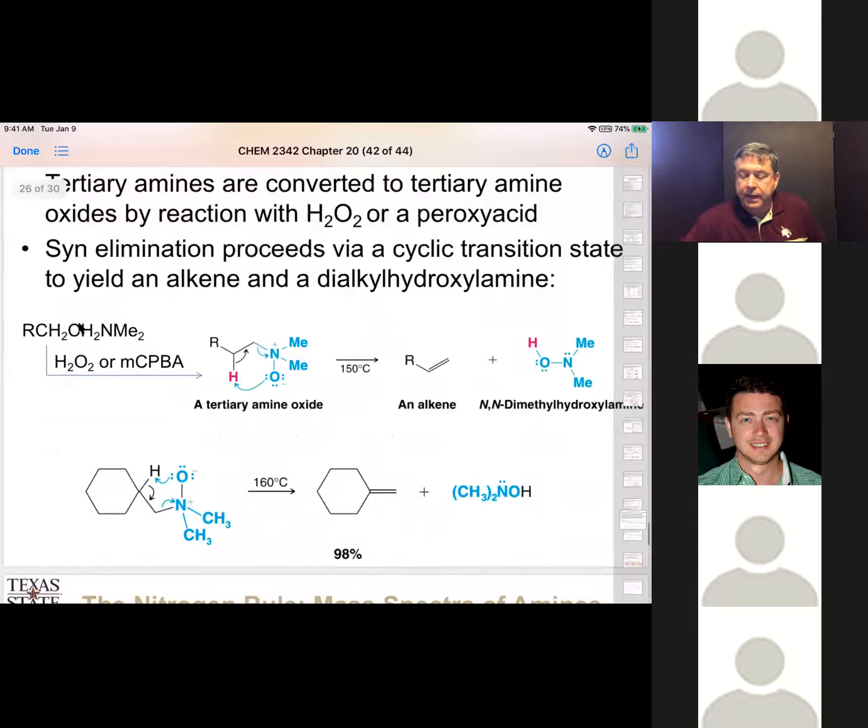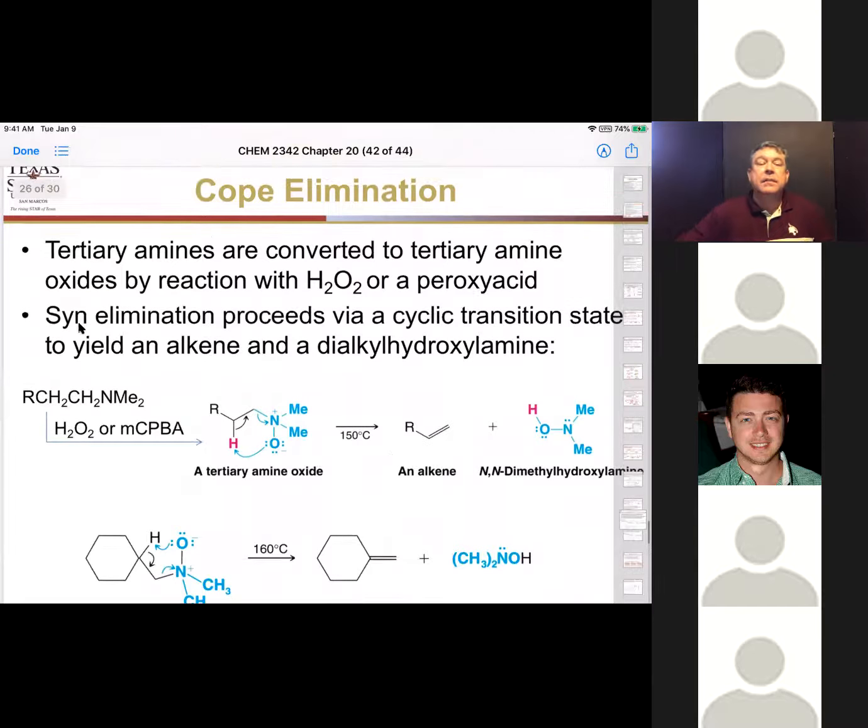The next reaction that helps us do this kind of selectivity of our leaving group, taking our nitrogen and making it leave, is called the Cope elimination. In the Cope elimination, we're doing the same thing we did in the Hofmann elimination. We're making the nitrogen a better leaving group. In this case, we take our amine, our tertiary amine in particular, and we oxidize it using hydrogen peroxide or a peroxy acid, like in this case, meta-chloroperbenzoic acid.